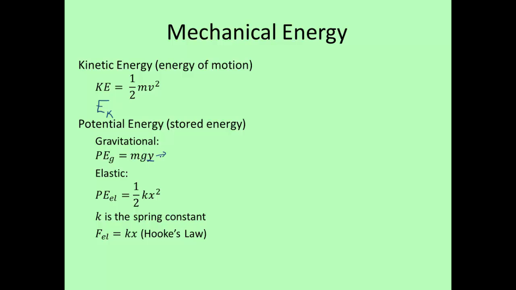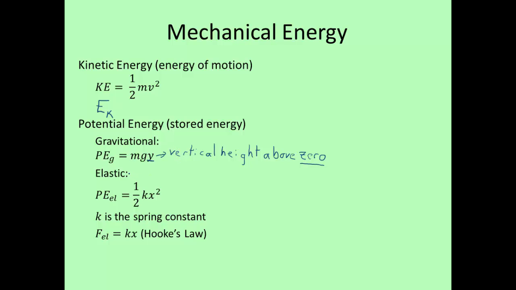And y is the vertical height above a 0 point. Now, we're going to talk more in detail next slide about where you decide your 0 point is, but for the moment you can just think of it as the ground.